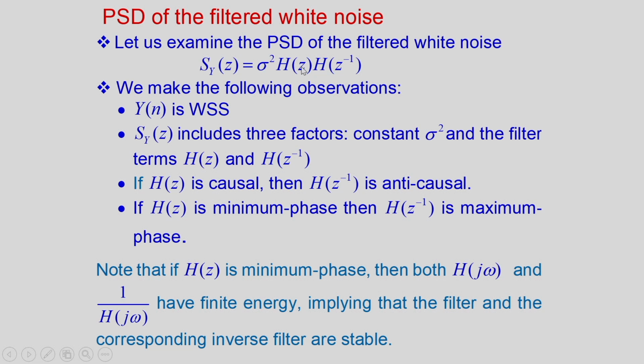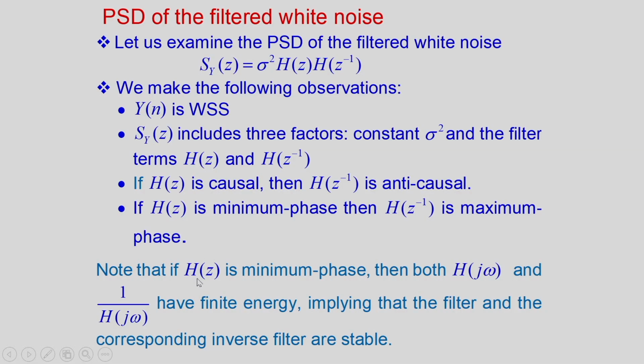Now, if H(z) is suppose causal, then corresponding H(z inverse) will be anti-causal. Similarly, if H(z) is minimum phase, then H(z inverse) will be maximum phase. So, for a minimum phase system, all poles and zeros are inside the unit circle, and for a maximum phase system, all poles and zeros are outside the unit circle.